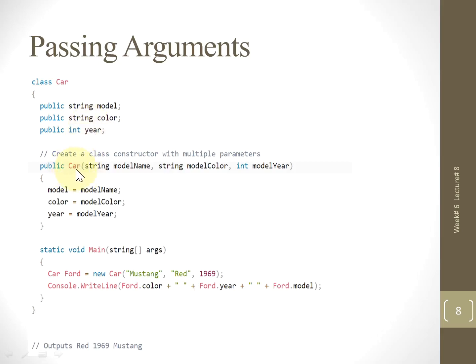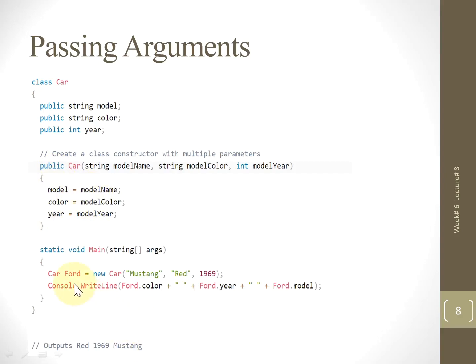The name of the function and the name of the class are the same. This time we are receiving three arguments: the first, comma, the second, comma, the third, of string, string and integer type. Within the constructor function, we have just initialized these three data members which we received from the object.